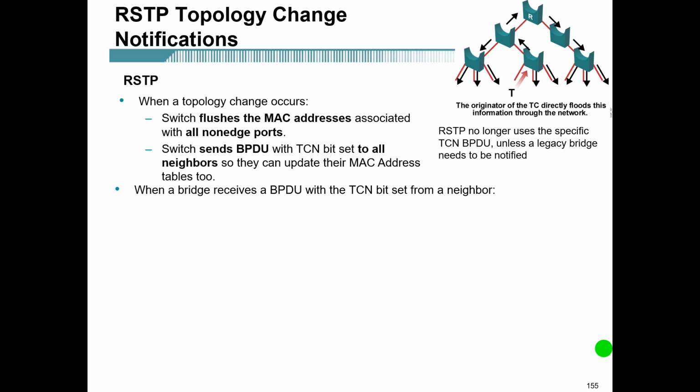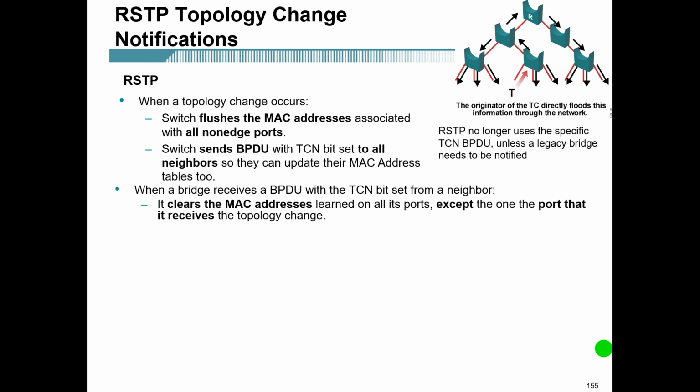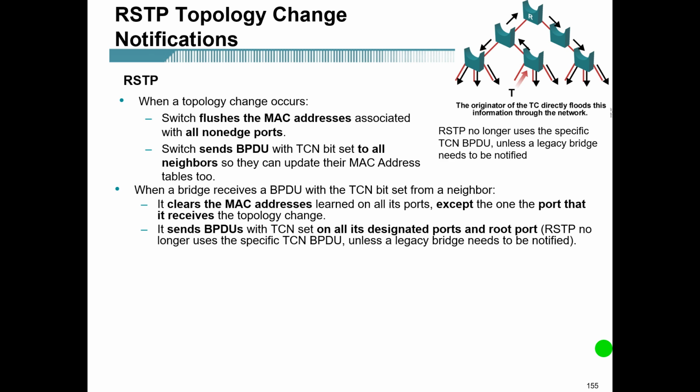When a bridge receives a BPDU with the TCN bit set from a neighbor, it clears the MAC addresses learned on all ports except the one port that it received the topology change on. It sends the BPDU with the TCN on all of its designated ports and root ports. Keep in mind, RSTP no longer uses a specific TCN BPDU unless a legacy bridge needs to be notified.